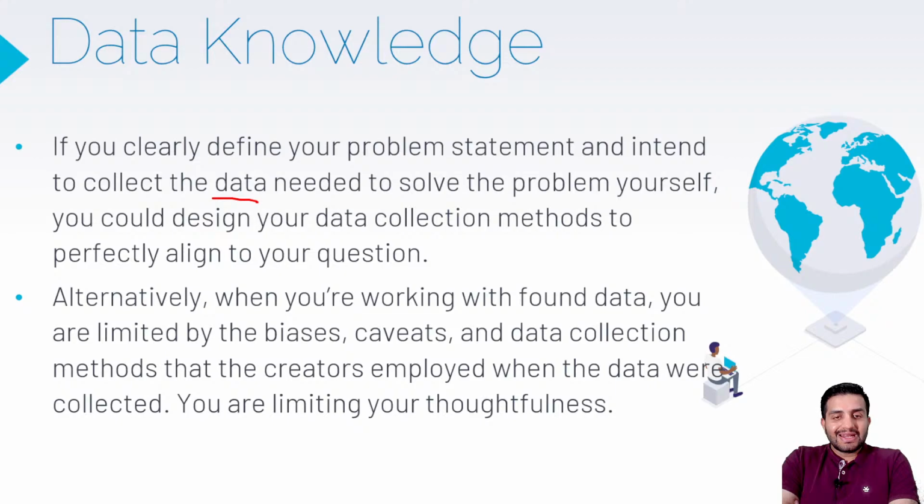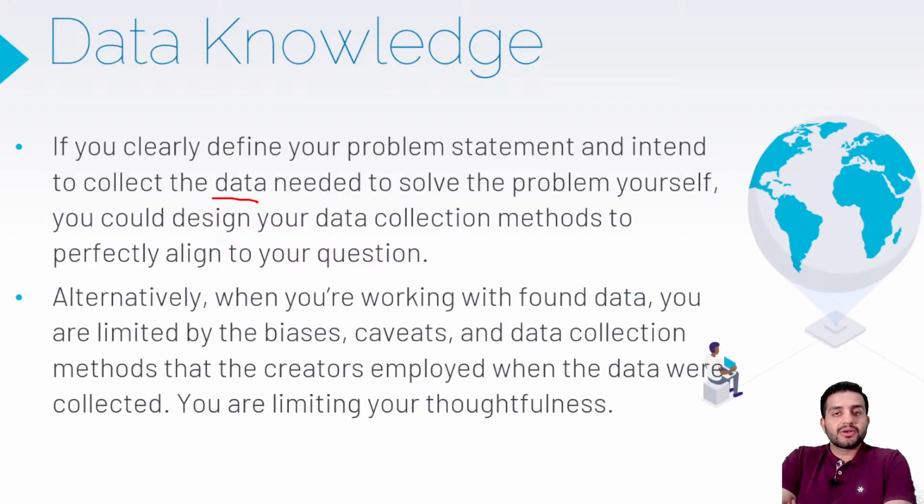Or alternatively, when I say that I'm working on found data, in that scenario, I am limiting my thoughtfulness. I'm being more biased towards my data collection strategies. So I am only using the information which some other person might have used in their own thought process while collecting the data.